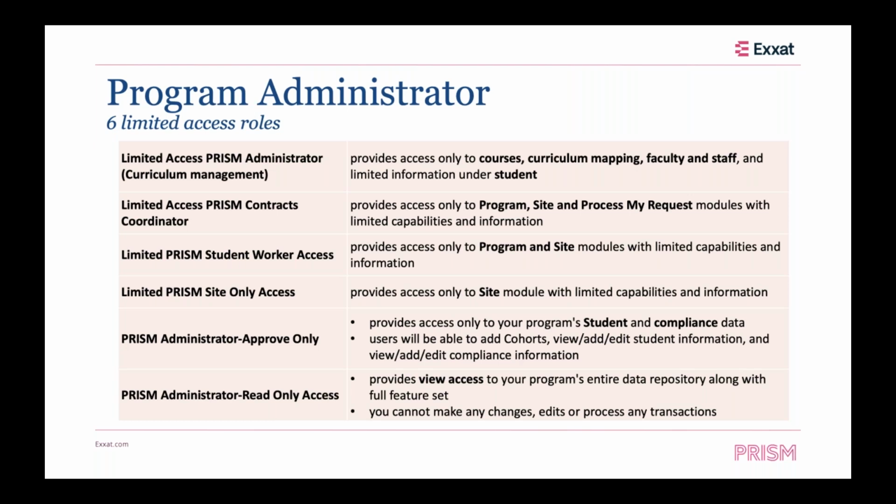So this complements that role. And this role is used by 2 types of customers who are either only using Prism for compliance and nothing else, or they are having different people taking care of compliance and other administrators taking care of other capabilities.